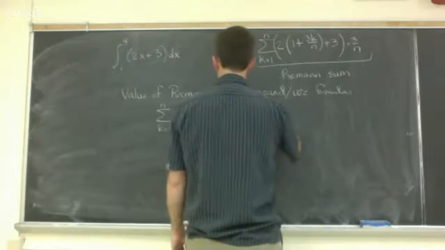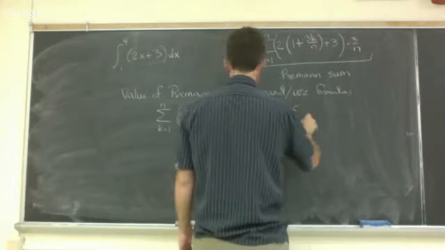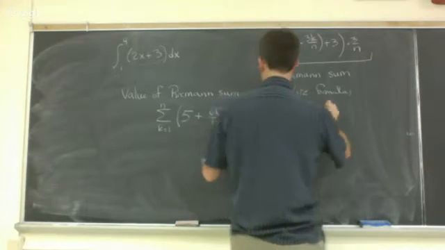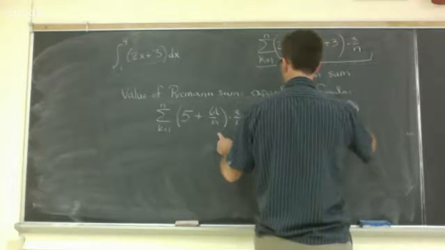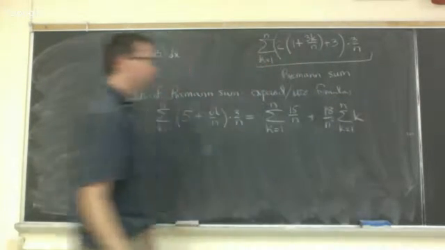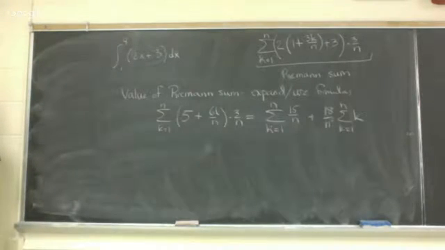The sum k goes from 1 to n of 15 over n plus 18 over n squared, sum k. And as soon as I used the formulas for the summation, I found the value of the Riemann sum.